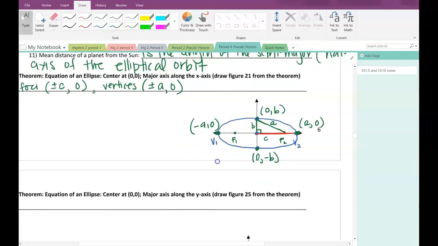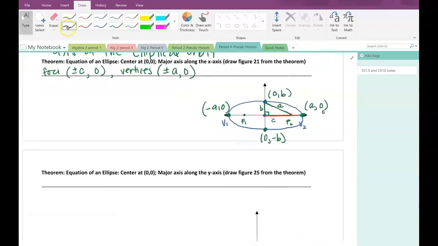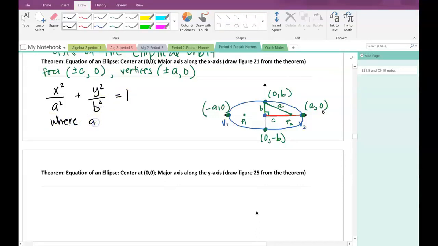So let's go and write a standard form of our equation with the center at 0, 0. It's going to be x squared over a squared, since it is positioned horizontally. So the a squared is going to be the biggest value. So the x variable gets the a squared, plus y squared over b squared equals 1, where a is the biggest number out of the ABCs.